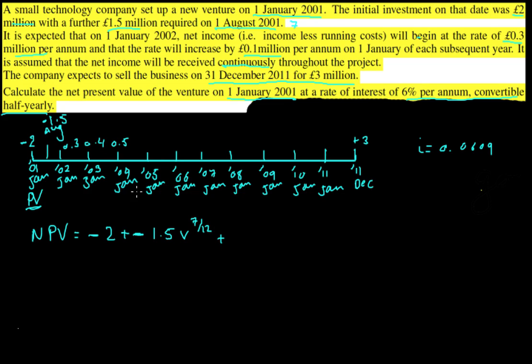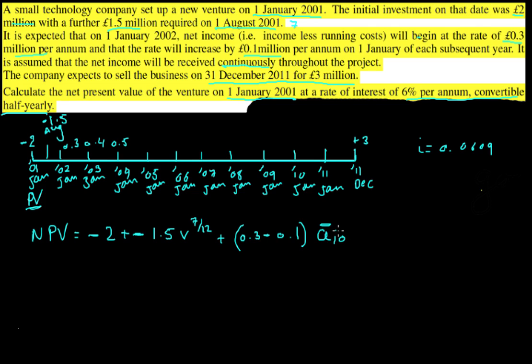Now, in order to calculate this, we're using increasing annuities, so the way that it works is it goes our initial amount, 0.3, minus the amount that it increases each time, which is 0.1, that'll be 0.2, times an annuity. Now this is a continuous annuity, and the amount of years is 1, 2, 3, 4, 5, 6, 7, 8, 9, 10 years.